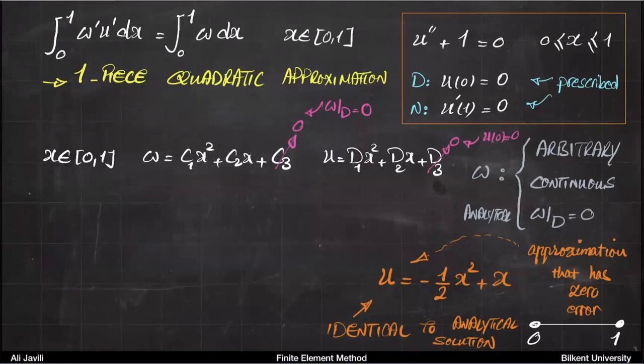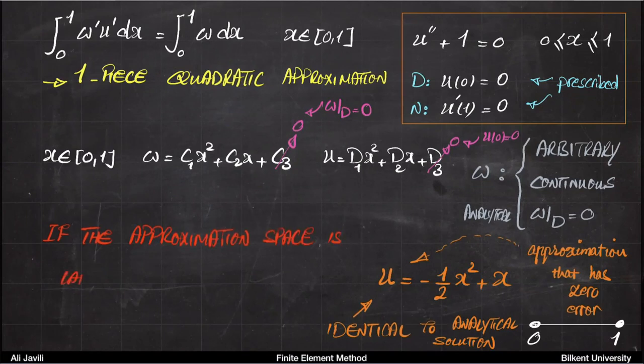The message is, if the space of your approximation is large enough, is good enough, if the approximation space is large enough, it can include the exact solution.